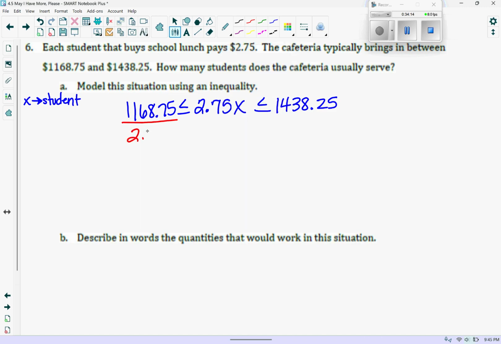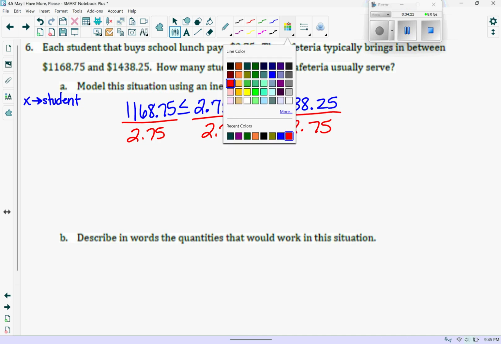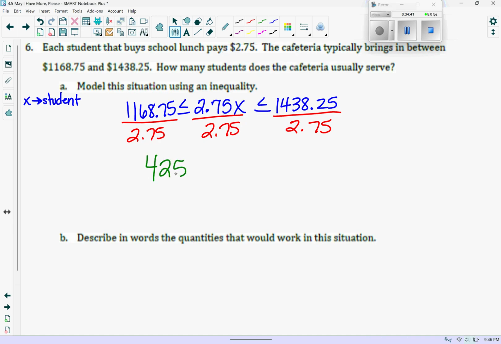So what we're going to do is divide every piece by 2.75. And you get, one second, let me pull my calculator back up. 1168.75 divided by 2.75. So this is 425 is less than or equal to x is less than or equal to 1438.25 divided by 2.75.